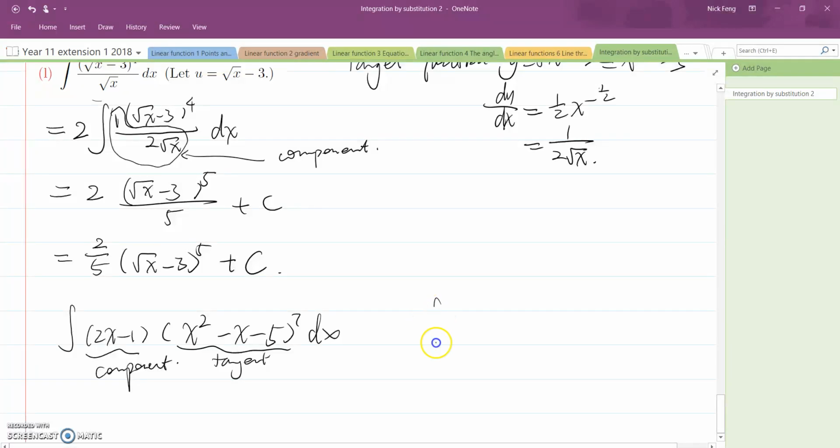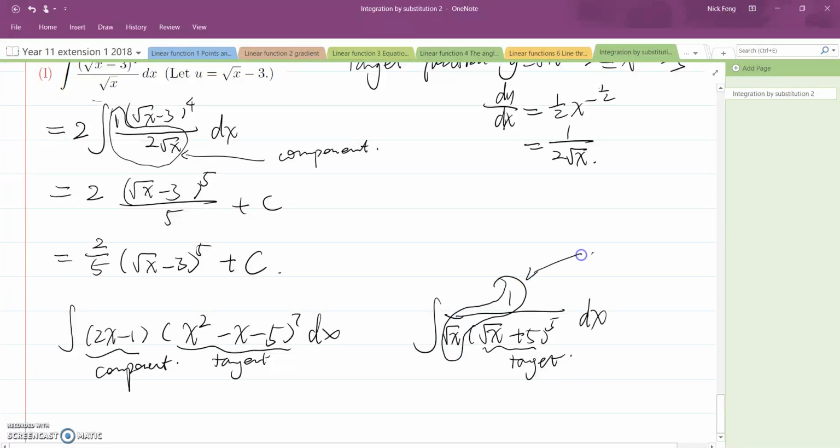Or sometimes we have, as I said, square root functions, which are really difficult. For example, I have root x plus 5 to the power of 5, 1 on root x dx. This is the target function, and this part is the component.